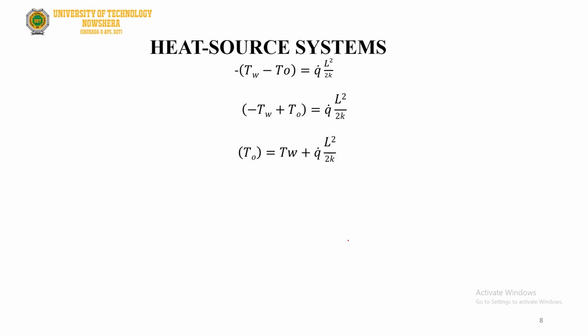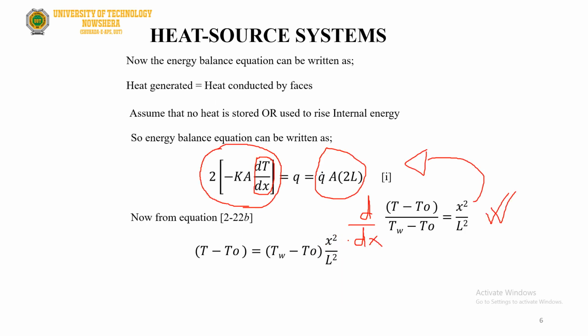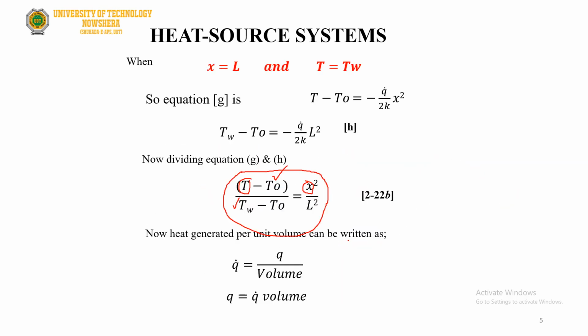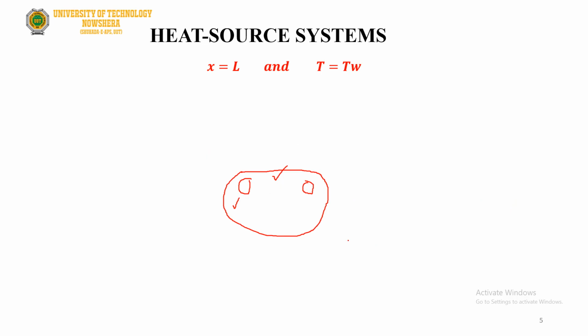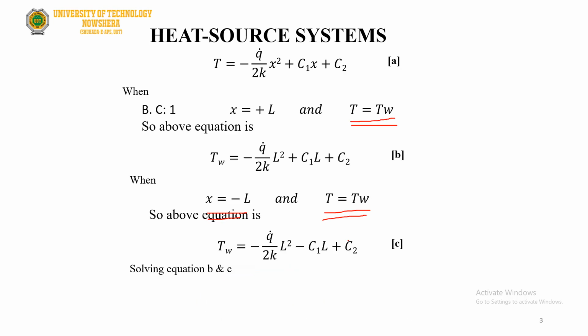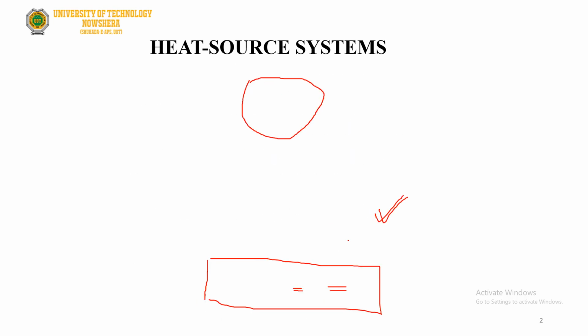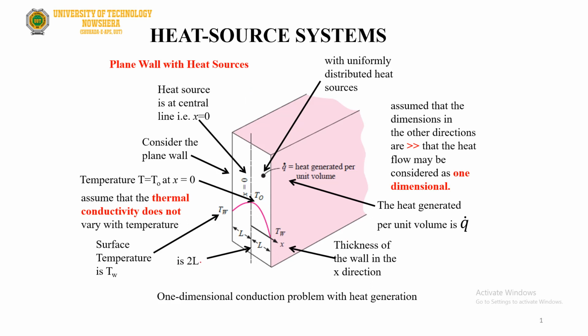Now there is a question for you guys. The heat generated inside the wall is conducted to the faces of the wall. Now the heat conducted to the faces of the wall will be convected to the outside fluid.